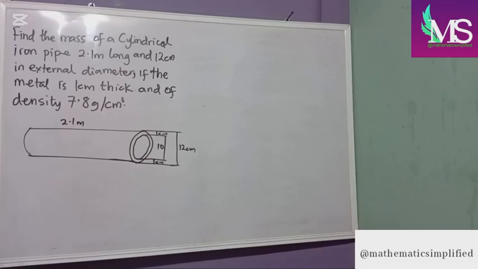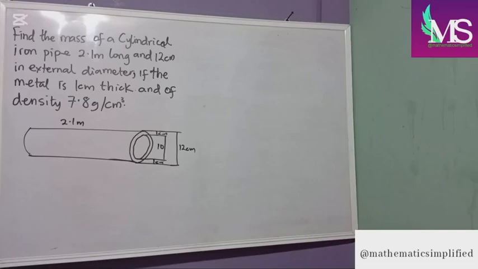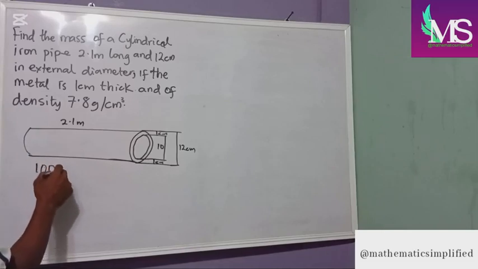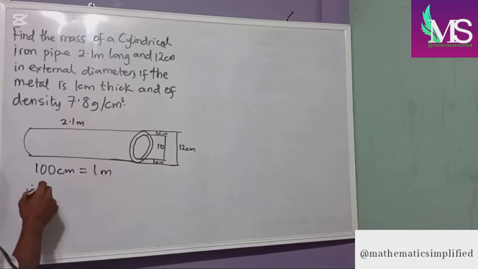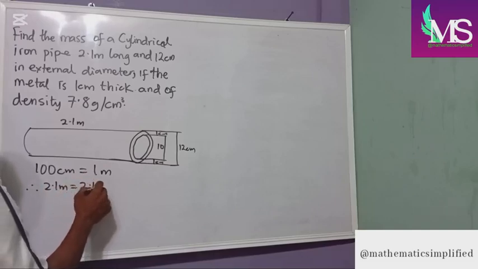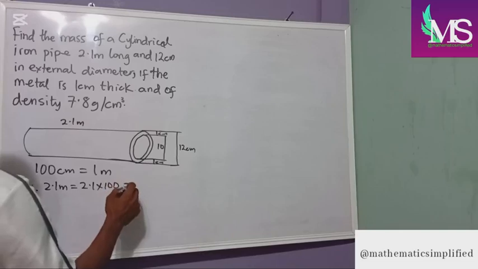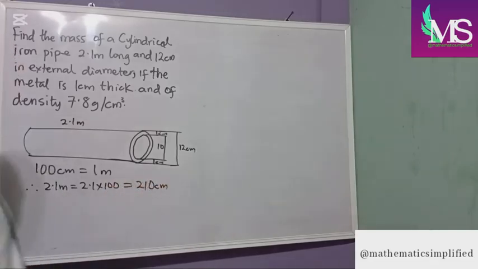But now, for us to calculate the volume of this, we have to turn this meter to centimeter, and we know that 100 cm equals 1 meter. So therefore 2.1 meter equals 2.1 times 100, which will give us 210 centimeter.